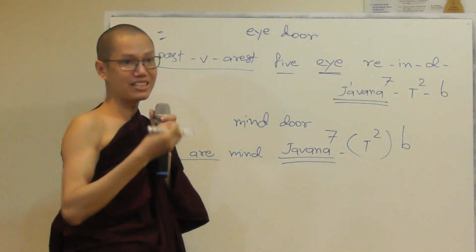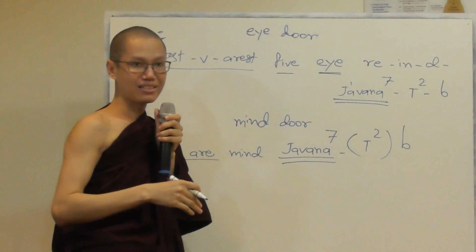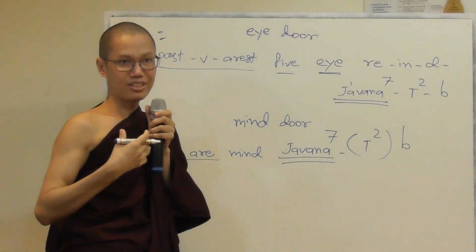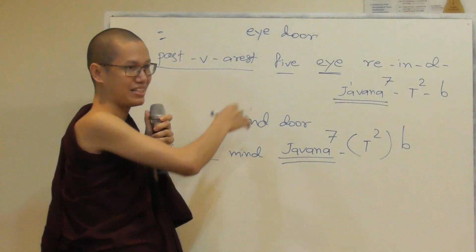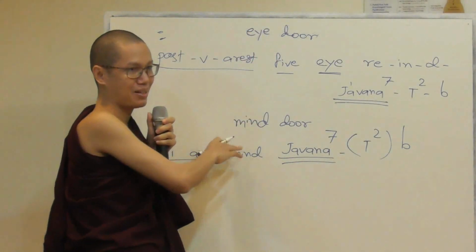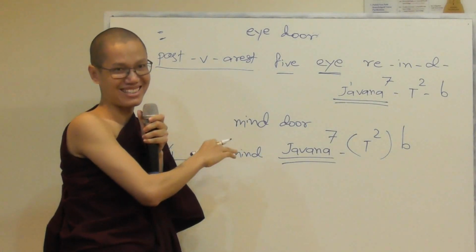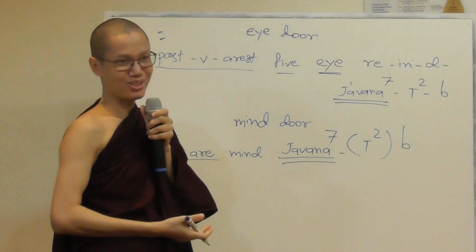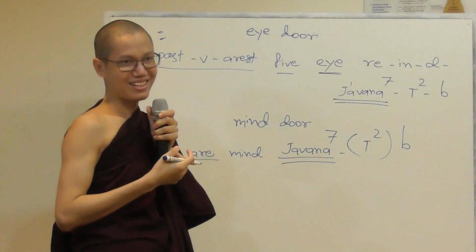In the same way, at eating time, we eat. This is the tongue-door process. After that, we think, is it good or not good? Some people, eating chili is the same: some people say good, some people say bad, they don't like it. Once we eat, what taste is this?